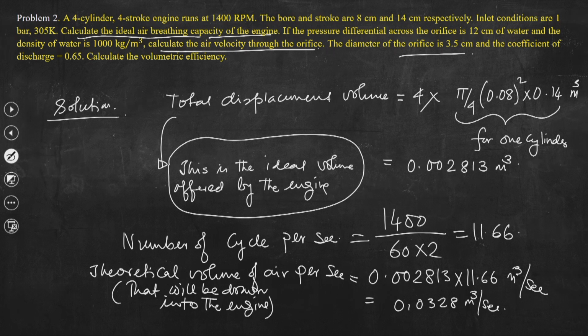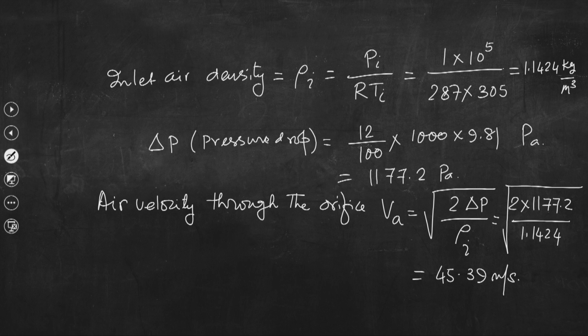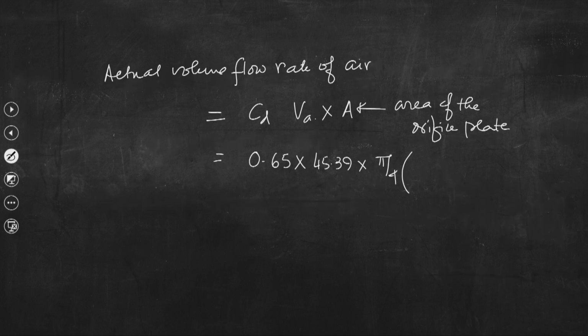So, this is pi by 4 into 0.035 whole square. If we calculate this, it is coming as 0.0283 meter cube per second. So, this is the actual volume flow rate of air.